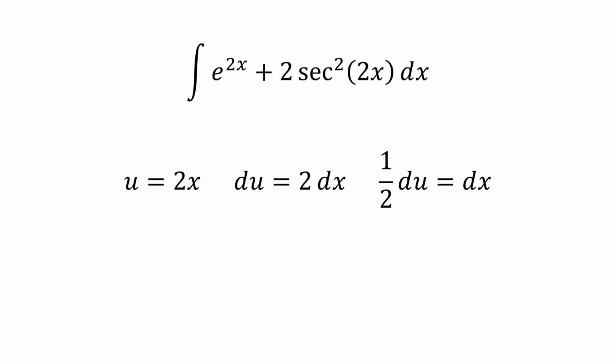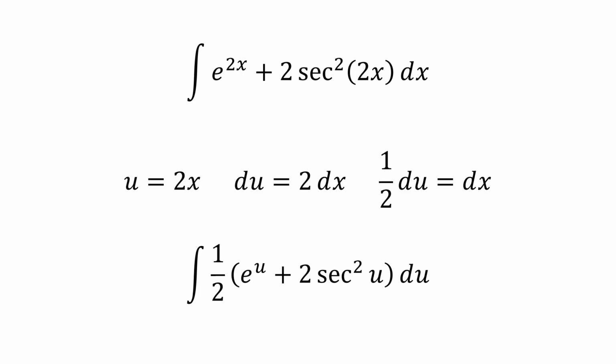Substituting into the integral gives the integral of 1/2 times e to the u plus 2 secant squared of u du.